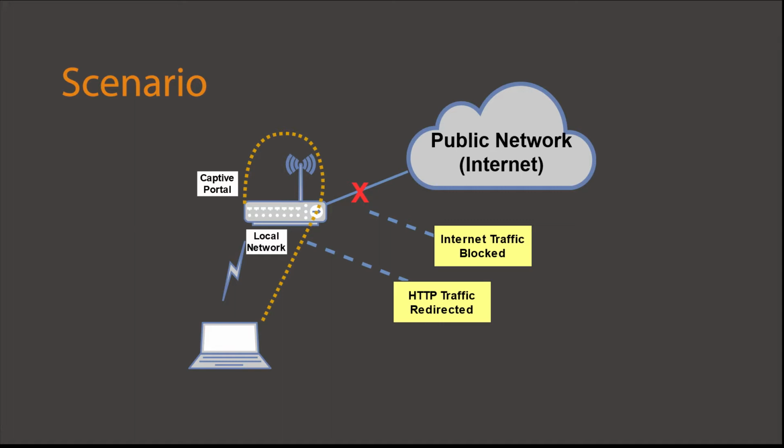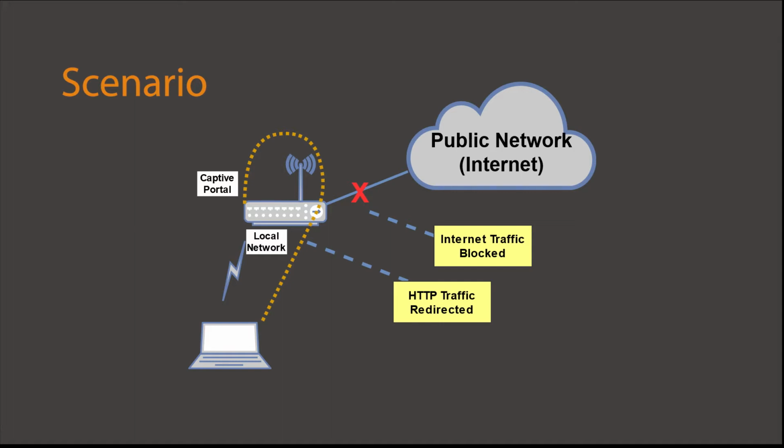It'll block all other traffic bound for the internet, but it'll specifically redirect HTTP traffic to the captive portal website, forcing the end user to interact with it. The operating system will detect that somebody's tampering with this HTTP probe request, assume there's a captive portal in the way, and launch the appropriate browser to take care of this.